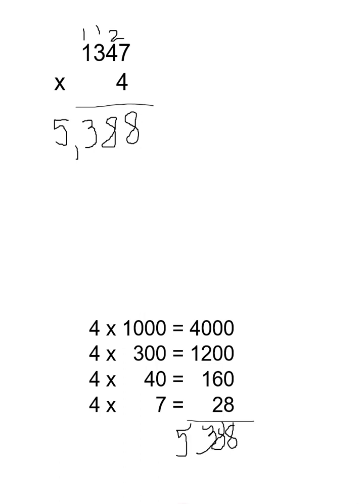So my answer is 5,388. Both ways, either way I do it, the answer is the same. So when you do these problems today, you can do it either way, the old-fashioned way, or you can use partial product.